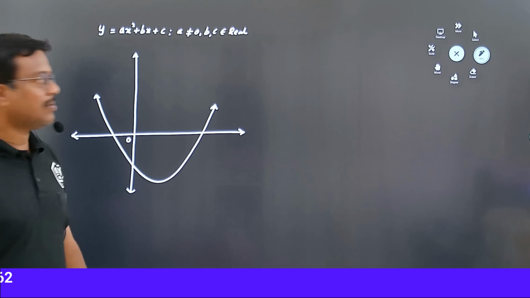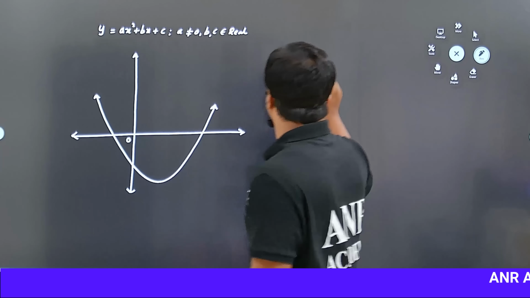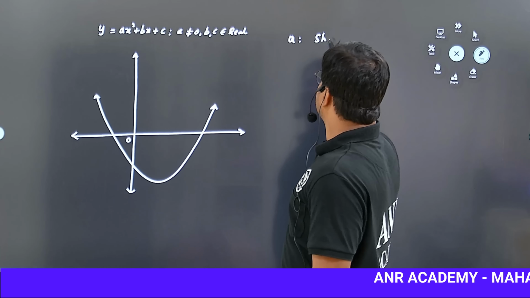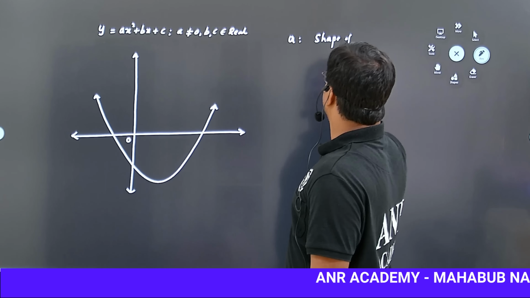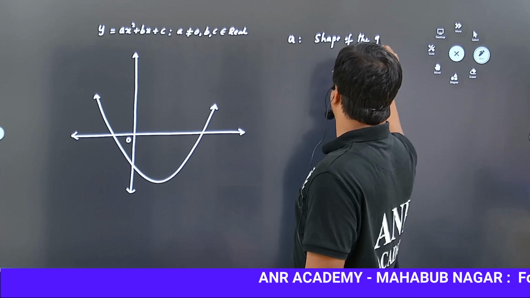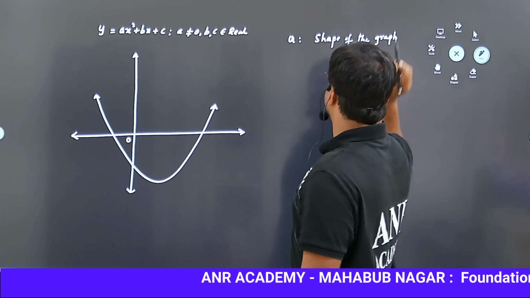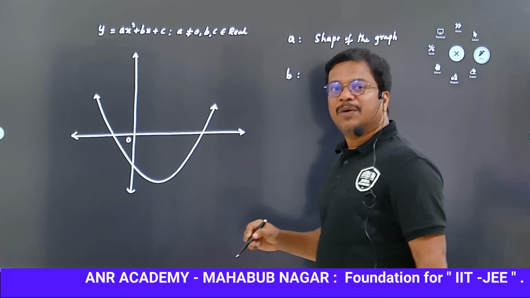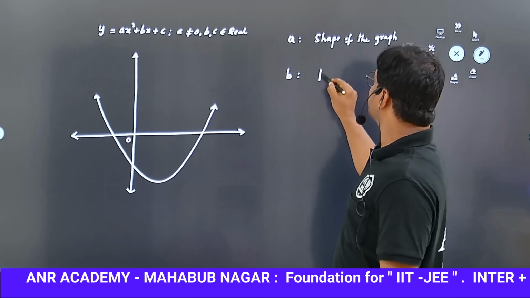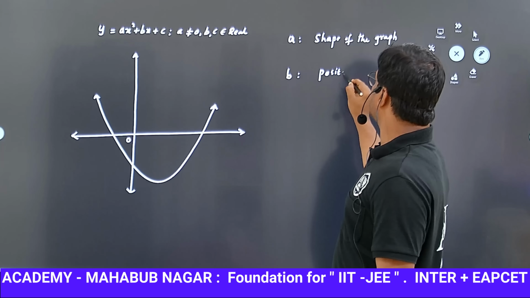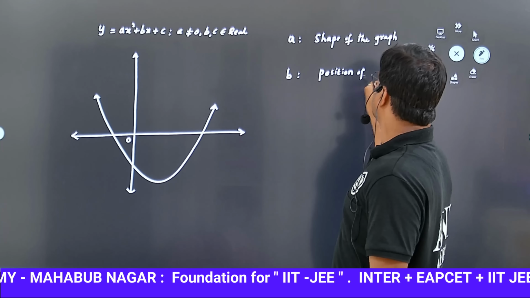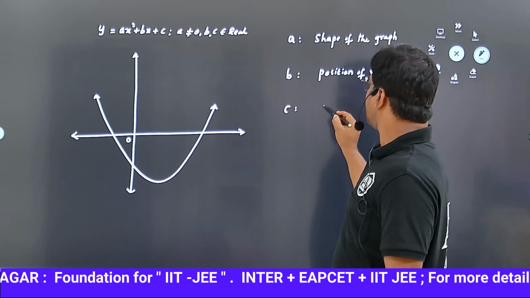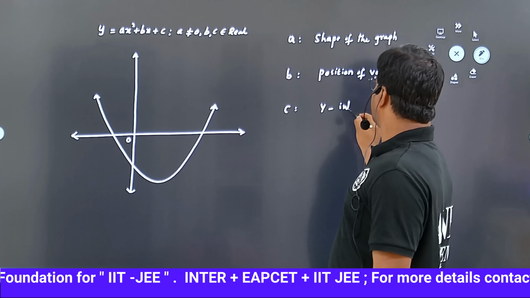Let us discuss now. We know that small a decides the shape of the graph, whether it is U shape or reverse U shape, and small b, the position of vertex. Next, small c, that is the y-intercept.